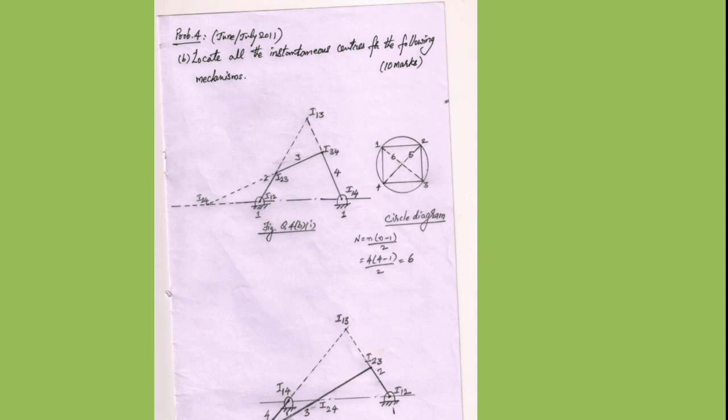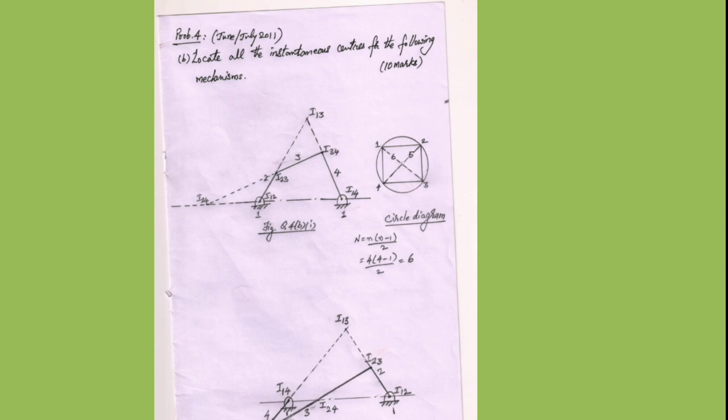I24. For 2, 4 there are 2 triangles. 1, 2, 4 is one triangle. 2, 3, 4 is another triangle, having the common line 2, 4. That means you have to join I12 and I14. On that line you will get I24. What about the second triangle? Join I23 and I34.